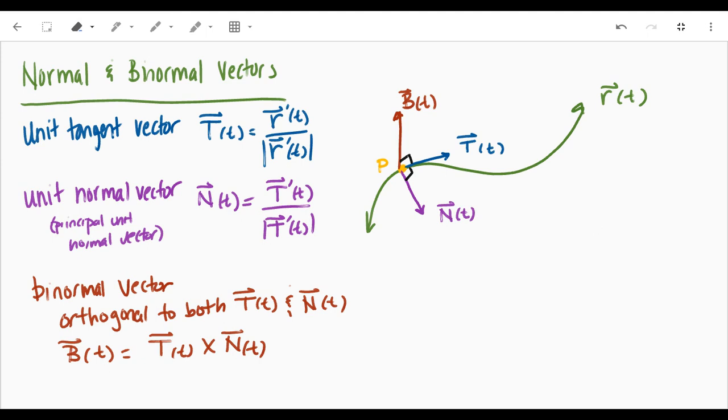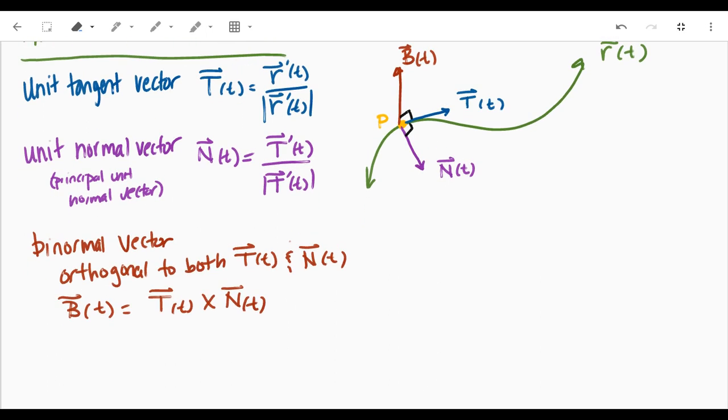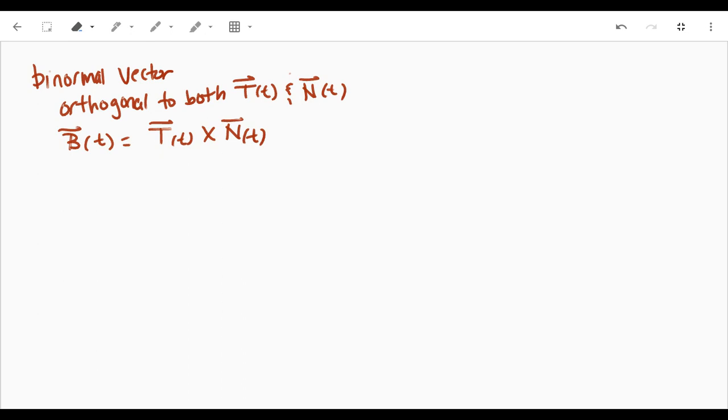So a couple things that we're going to write out here, and I'll keep scrolling back up to that if I need to.